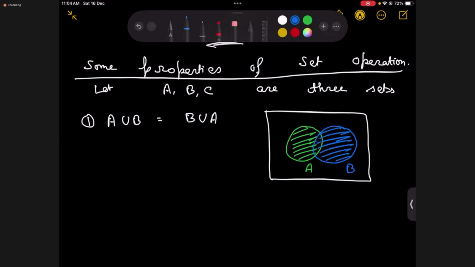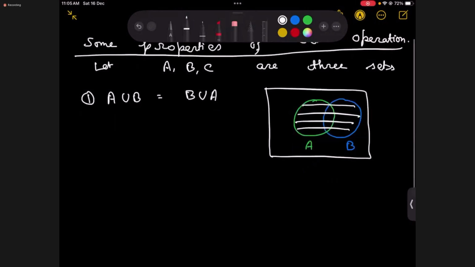A union B is the whole part, right? And what about B union A? Again the whole part. So automatically A union B and B union A are the same.